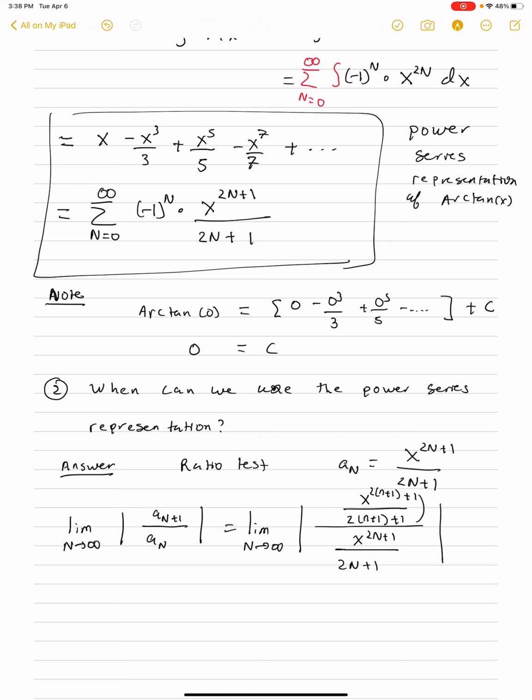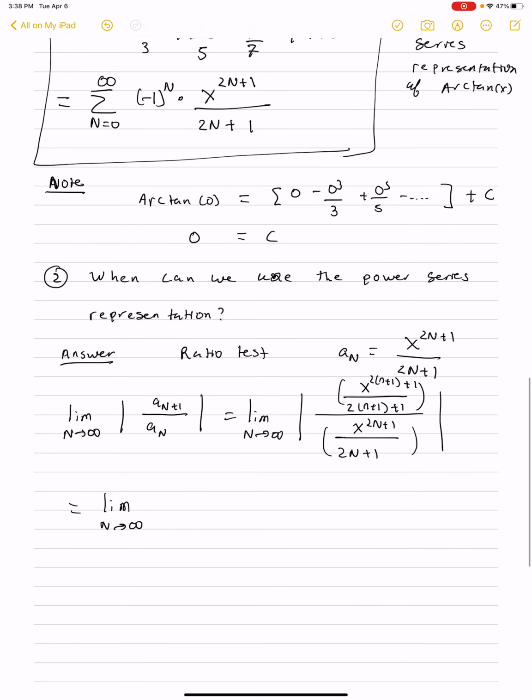And now I'm going to invert and multiply. Okay, well, if I invert and multiply, I'll have x to the 2n plus 3 over 2n plus 3 multiplied by 2n plus 1 divided by x to the 2n plus 1.